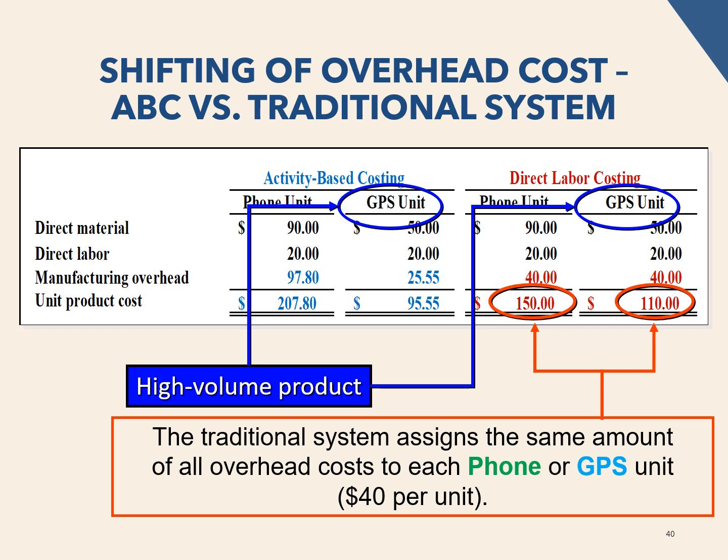For example, product labor costs are fixed with respect to the number of units processed. The average cost per unit of an activity such as part administration, as shown on slide number 29, will be higher for low volume than for high volume products. So, in this case, the high volume GPS will be allocated less overhead and unit cost will be reduced.